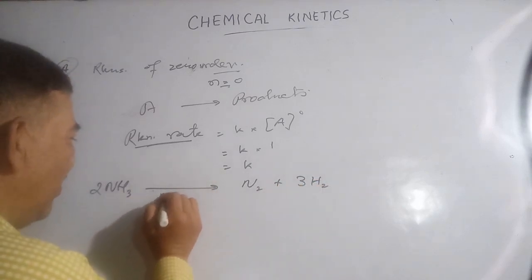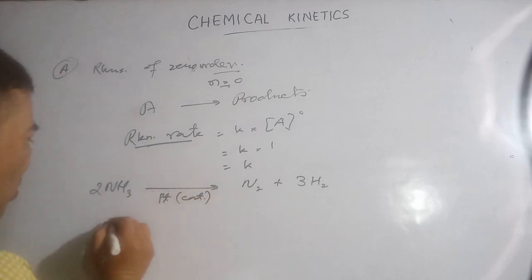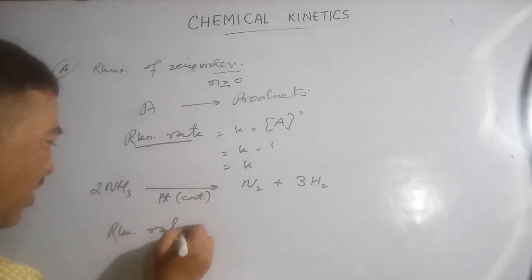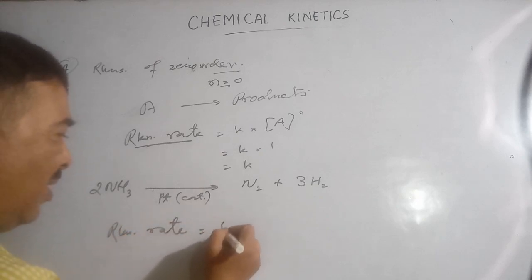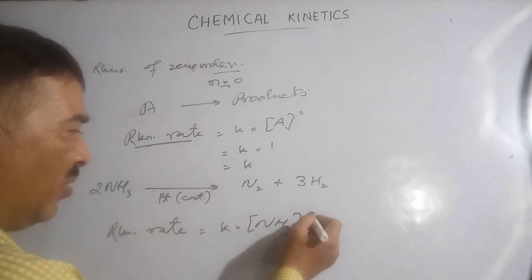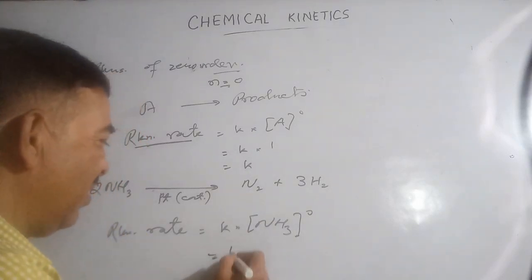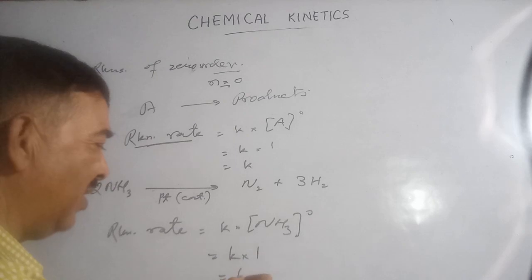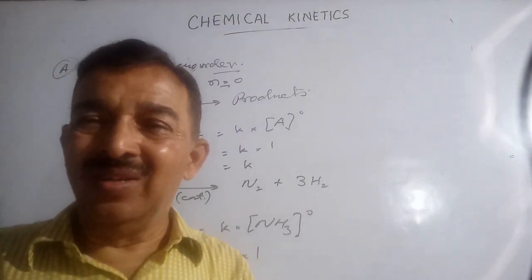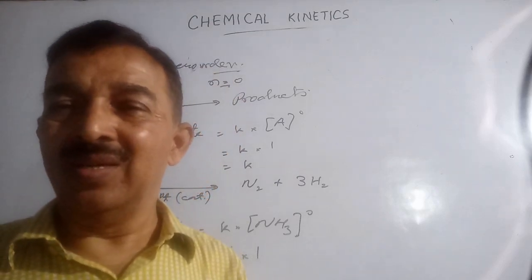Here platinum is the catalyst. So as per the rate law, the reaction rate is equal to K into molar concentration of NH3 to the power 0. That equals K into 1, that is K. That is, the reaction rate is independent of the concentrations of the reactants. Is it clear to you?